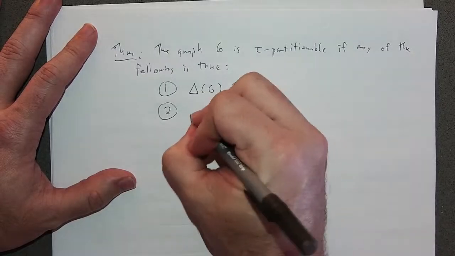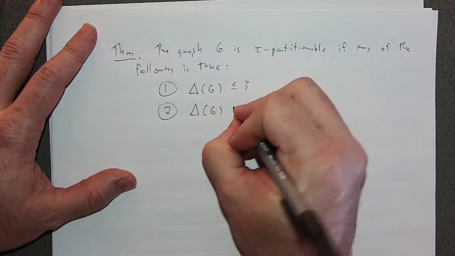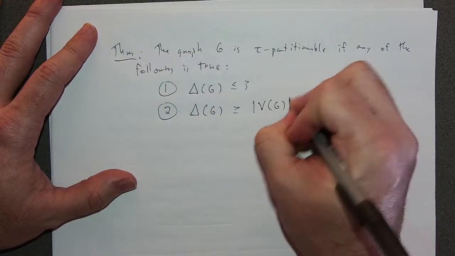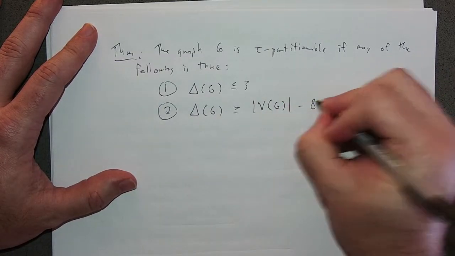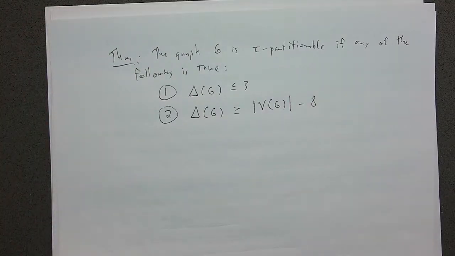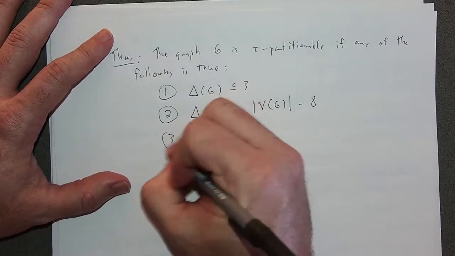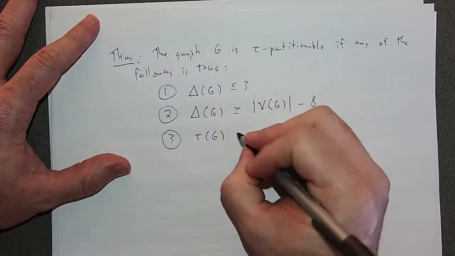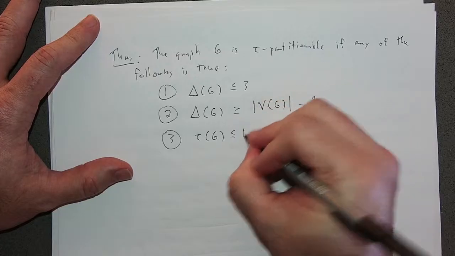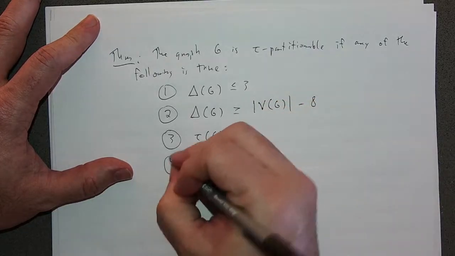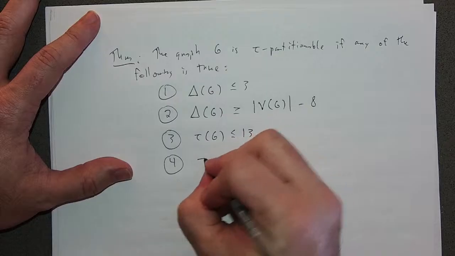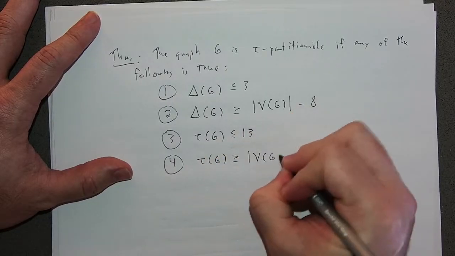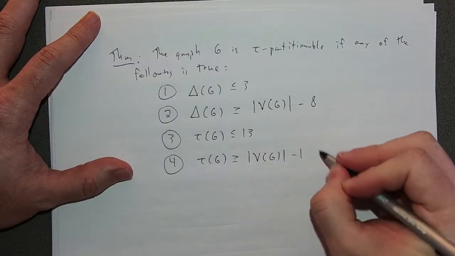Also, if the maximum degree of G is greater than or equal to the number of vertices of G minus 8. Three, if the detour order of G is less than or equal to 13. But also, if the detour order of G is greater than or equal to the number of vertices minus 1.